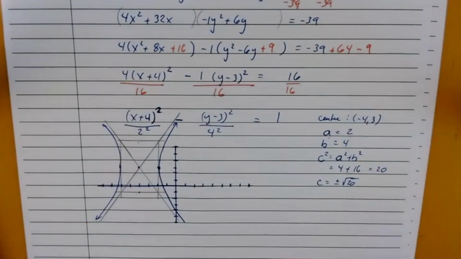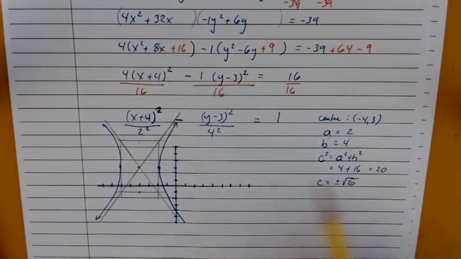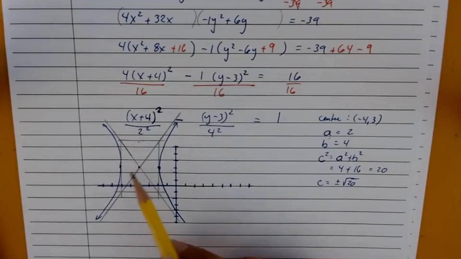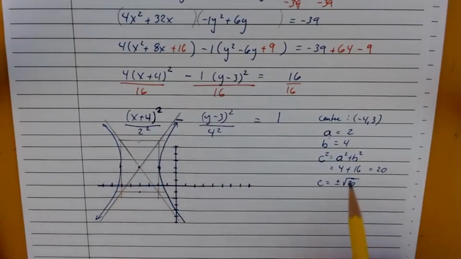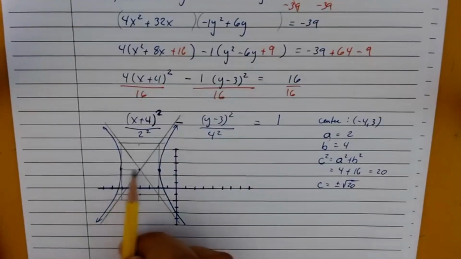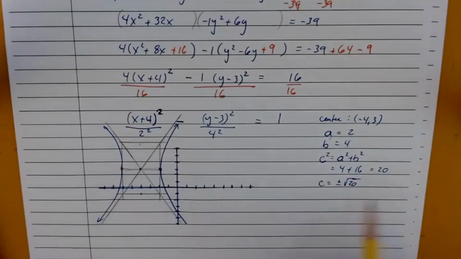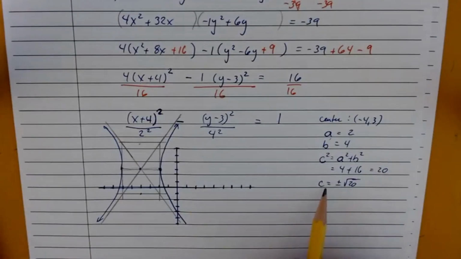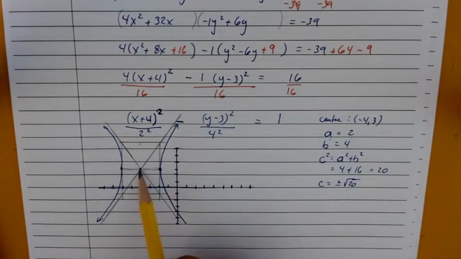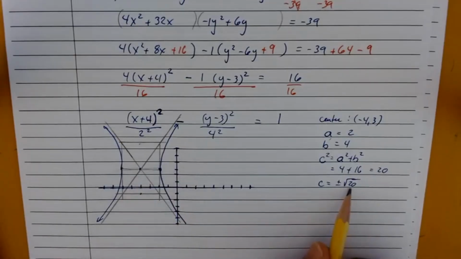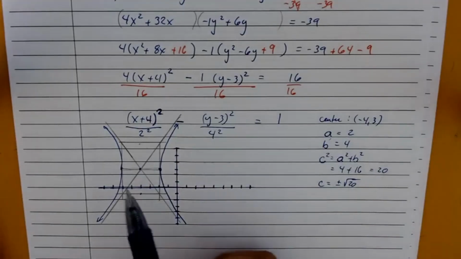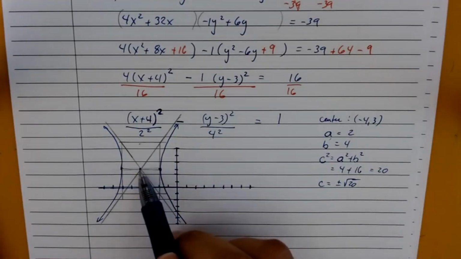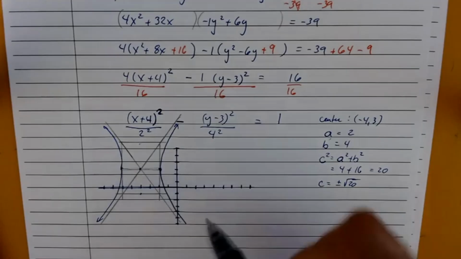We can find our foci by starting at our center and moving along the transverse axis that many steps. Remember, the transverse axis connects your vertices, so your foci will be left or right of the center, either plus or minus the root of 20. Since that starts off at (-4, 3), note that your y value doesn't change.